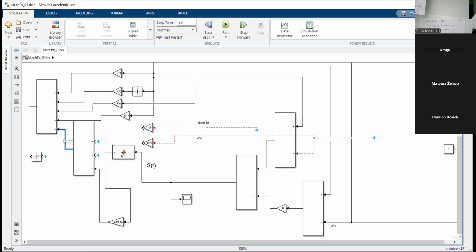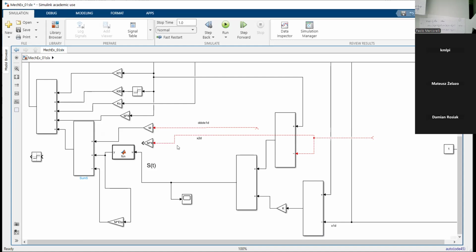This signal here must be realized practically using electronic components. But S of t equals 0, which realizes in a virtual form our proportionality between x2 and x1, is inside the microcontroller. I forgot here something. Yeah, okay, because this is 0. This means I have to put another plus, right?